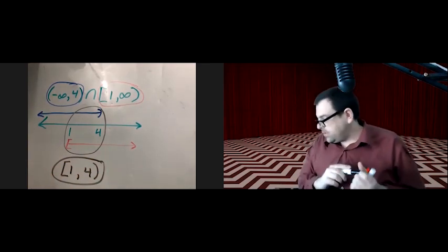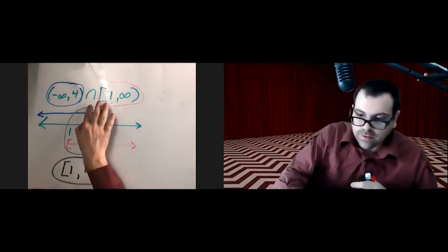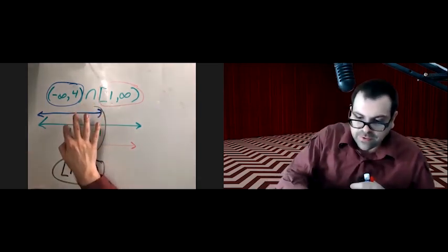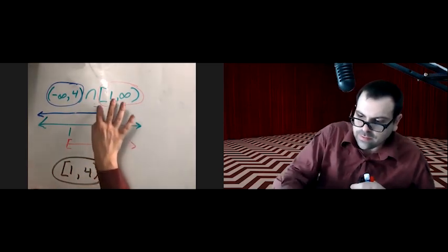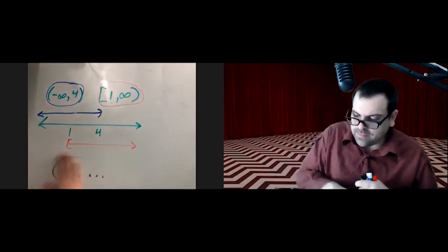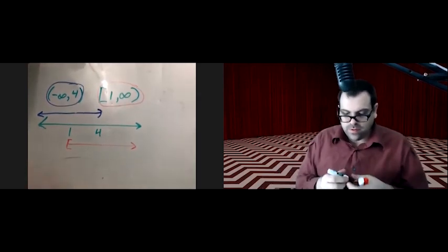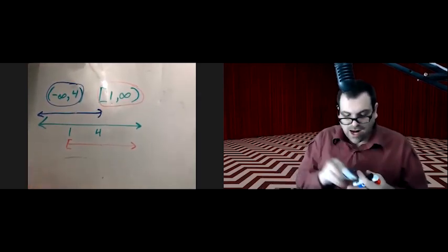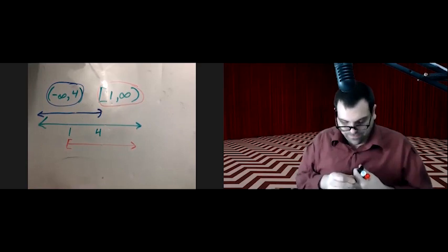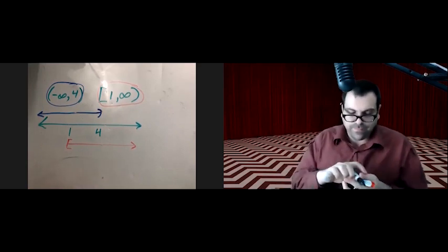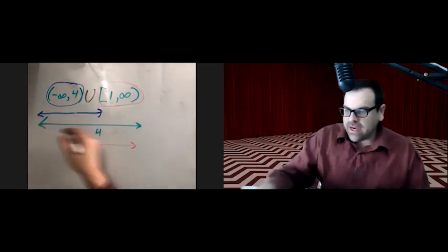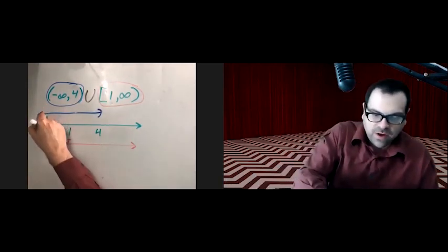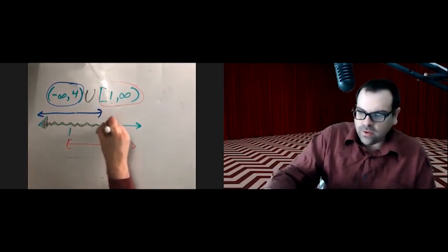What about the union? Well, if we look at the same two graphs, and this time we want the union, then to make it into the final graph, it either has to be on one or the other.